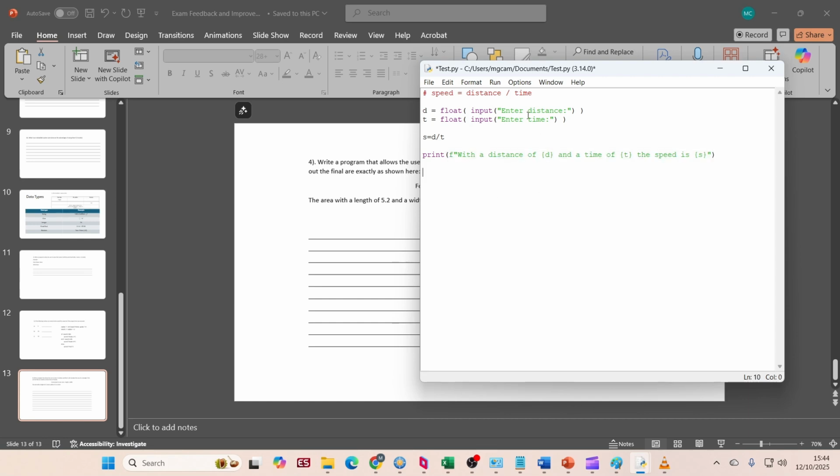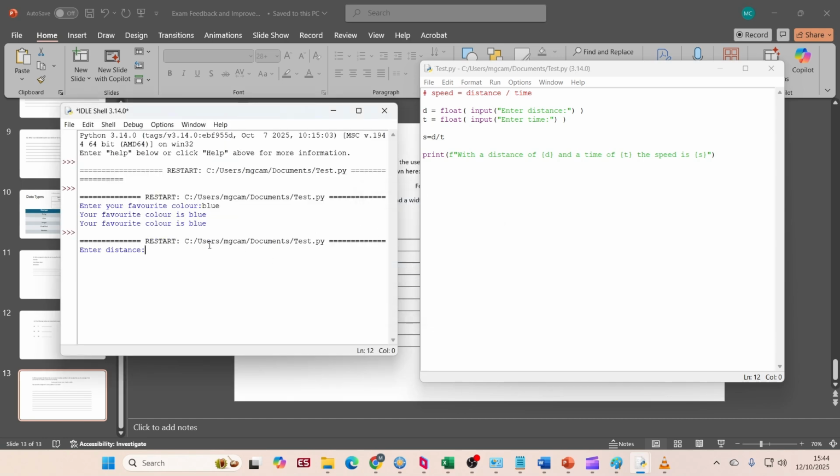Notice that I've used the curly braces to print these things out, and I've used F, otherwise I can't do that. I don't know why they don't just make that default now, so it is always a formatted string, but they don't. Everyone says they should online, so maybe they will. I'll run that. Out here, distance is 45, time is 2, and the speed is 22.5, so there you go. That's that. So, yeah, that's the paper. Hope you did well.